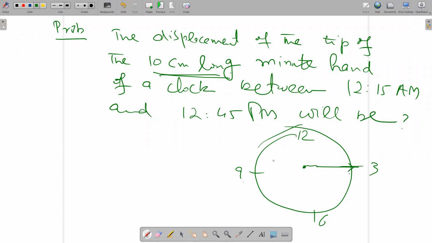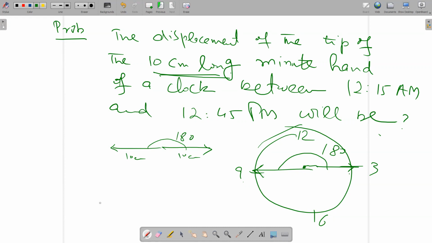And the other is 12:45. 12:45 will be here. So the angle between them is what? 180 degrees. If this is 10 centimeter long and this is 10 centimeter long, the same needle comes here, the angle between them is 180 degrees.